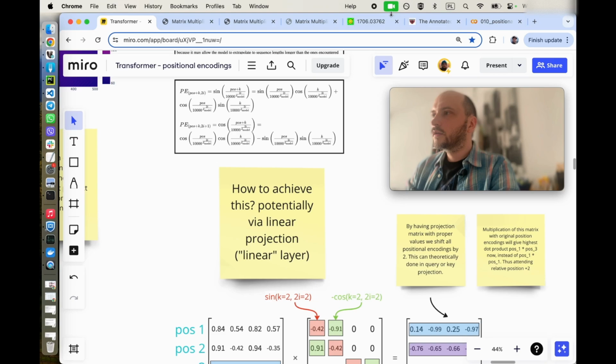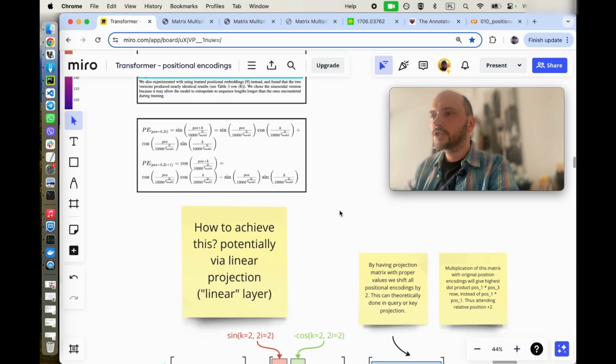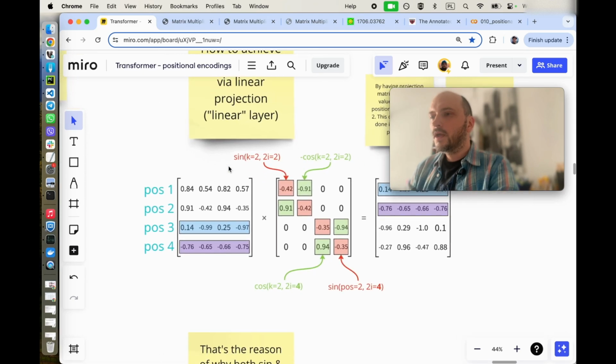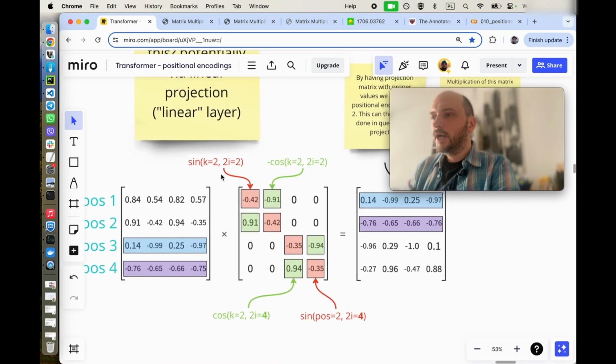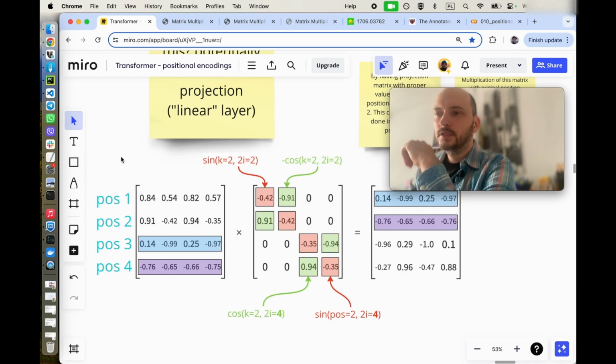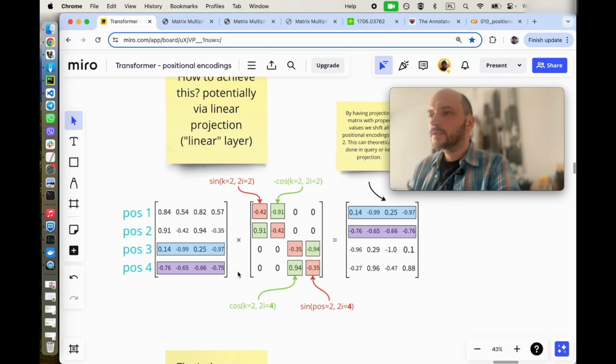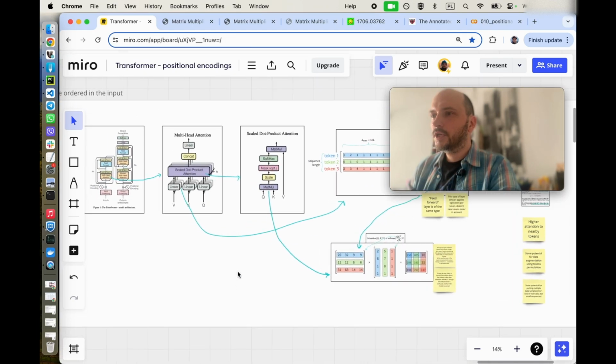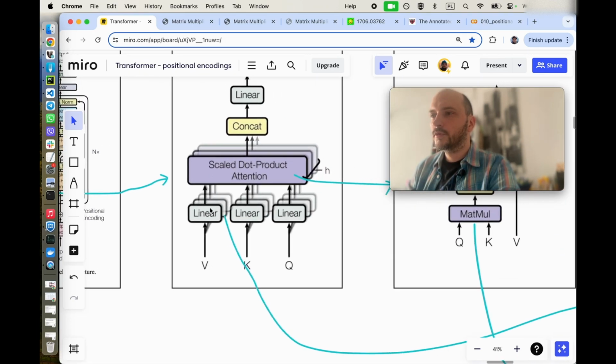And how can we potentially do this in the transformer block? That's the question. What I thought of is here. Let's imagine we have this encodings vector. In reality, it will be added to embeddings, but for now, for simplicity, let's imagine that we have just encodings as the input. And then we have these projections over here in the transformer before the attention.